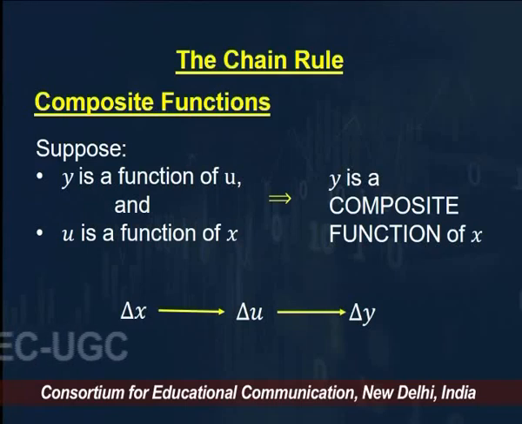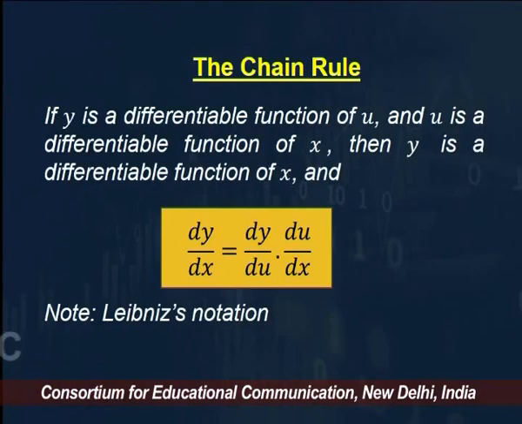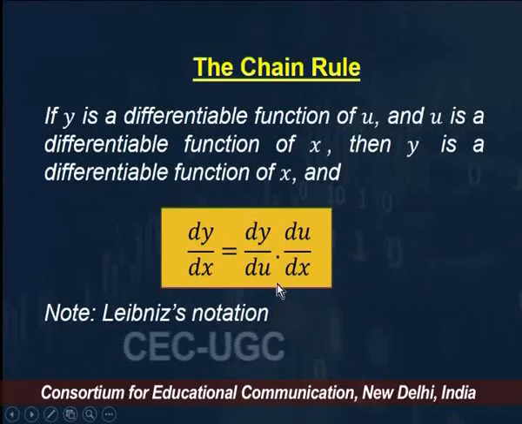Now, the interlinkages here can be brought in when we talk about the chain rule formally. Here we have that if y is a differentiable function of u and u is a differentiable function of x, then y is a differentiable function of x, and dy by dx can be written as dy by du times du by dx.